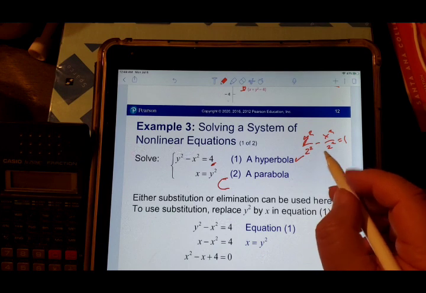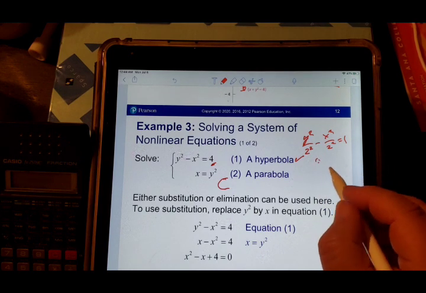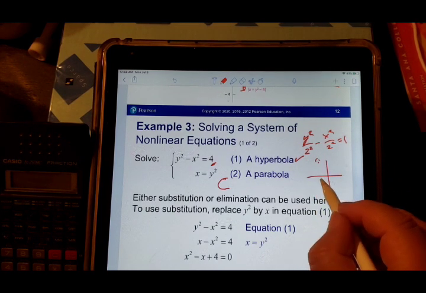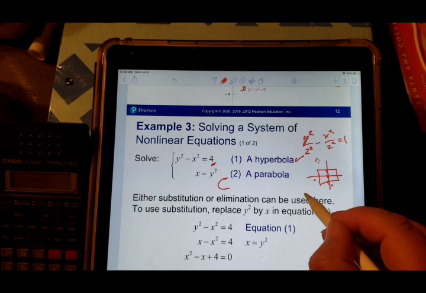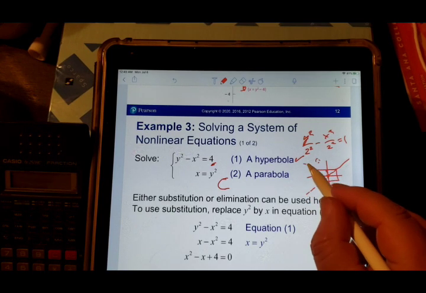This, by the way, is this hyperbola. If we draw a box that's 2 by 2, well, actually 4 by 4, but it's 2 this way, 2 this way, 2 to the left, 2 to the right, and draw our asymptotes.